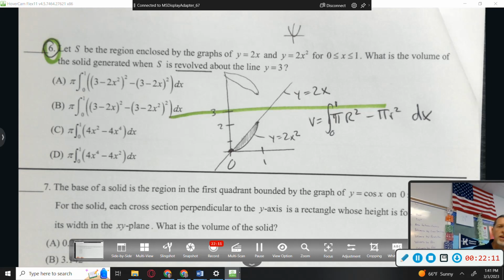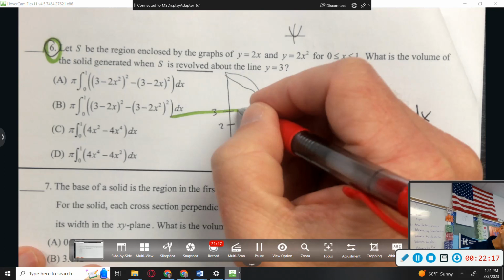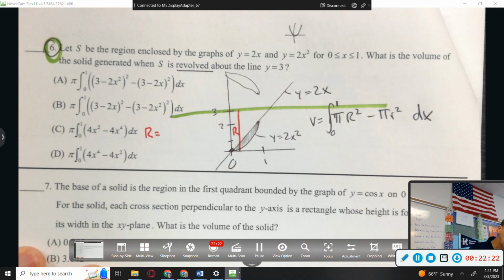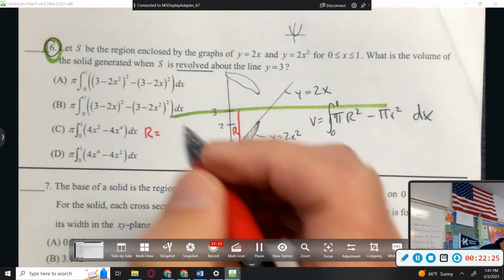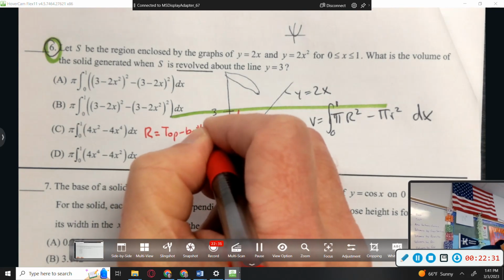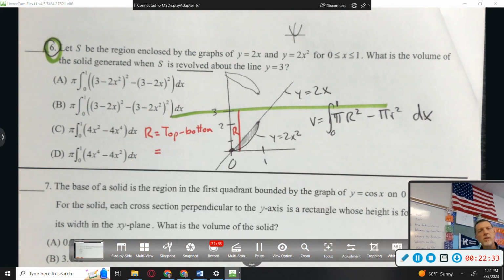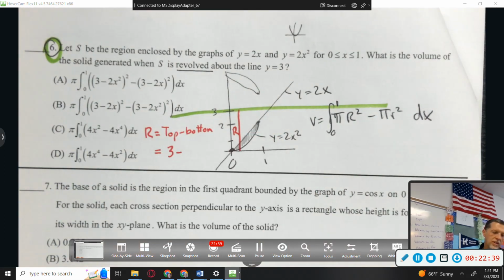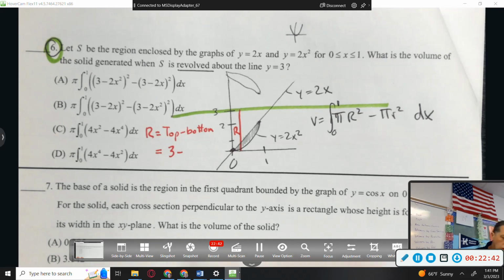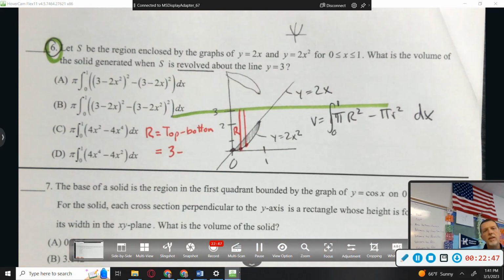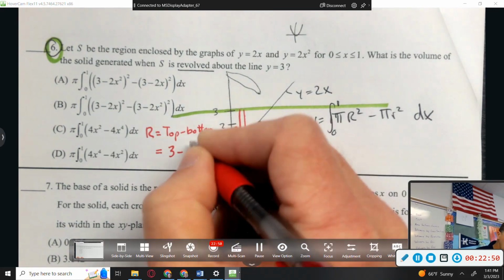And then I need to figure out big R and little r. So big R from the axis to the outer edge. So top minus bottom. The top is 3, and the bottom is, well, that picture is not great, R goes to the 2x squared.